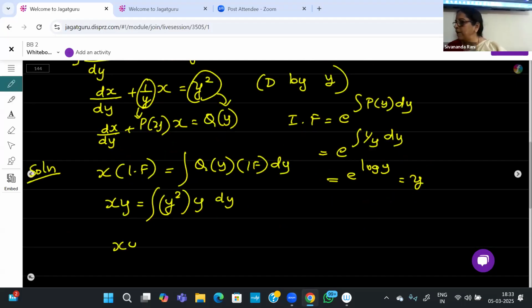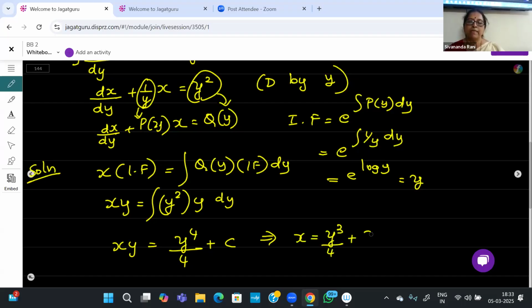Here, you just mind the presence of what? C. Okay. And after that, you can write x to be y cube by 4 plus c by y, provided y is not equal to 0. So under that assumption only, we are proceeding.